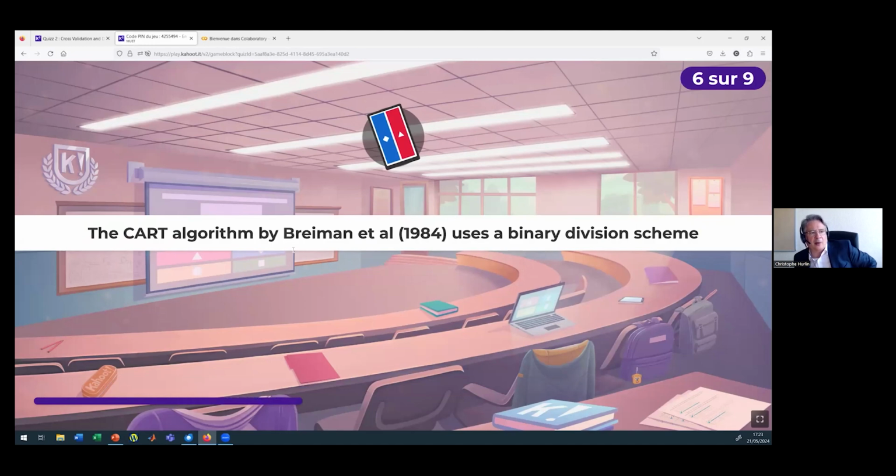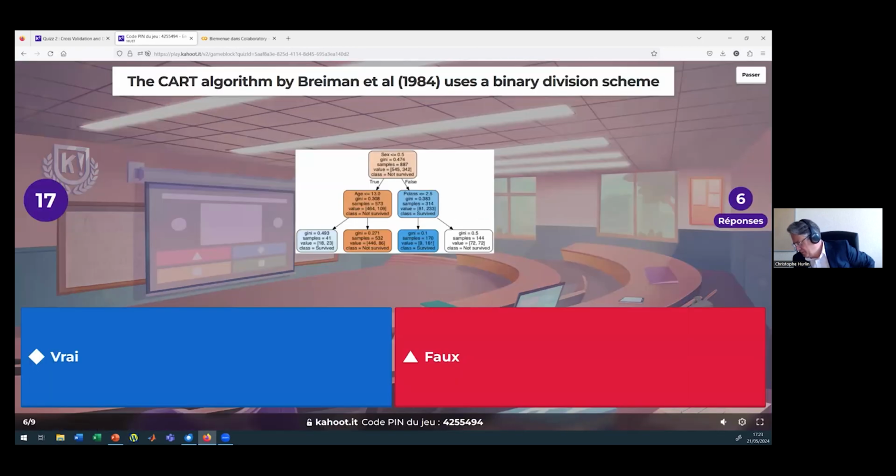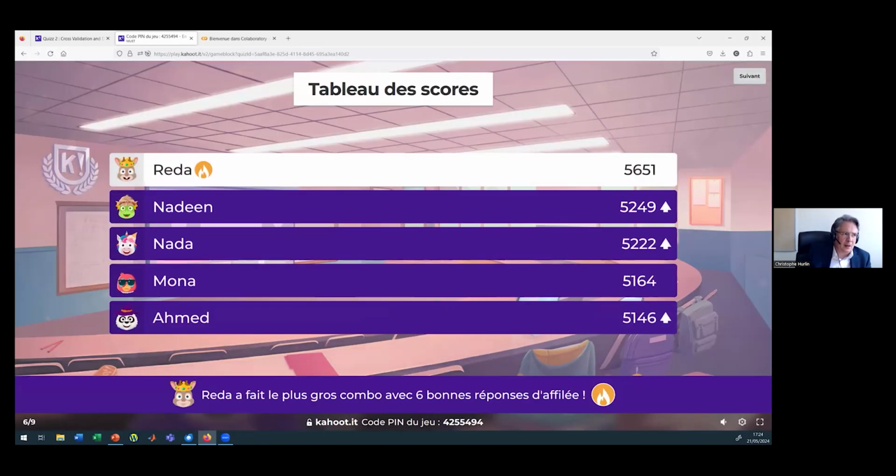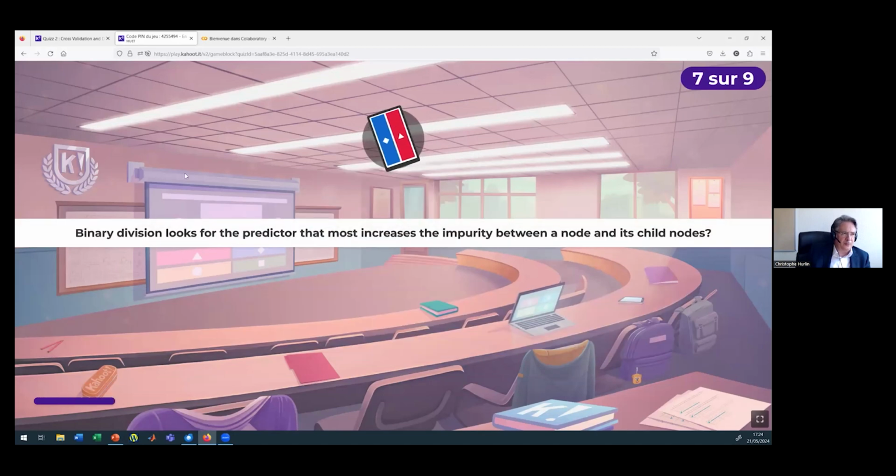True or false? The CART algorithm by Breimann uses a binary division scheme. This is true. Breimann CART is based on the binary division. True or false?